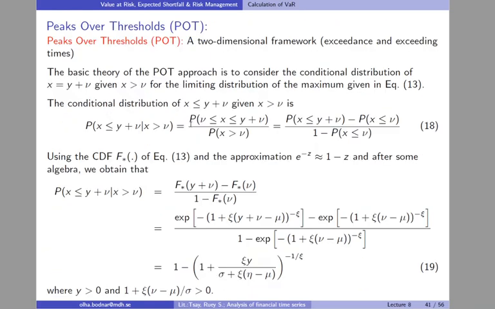So the conditional distribution of x being bounded by e plus v, given x is greater than v, is exactly this one.